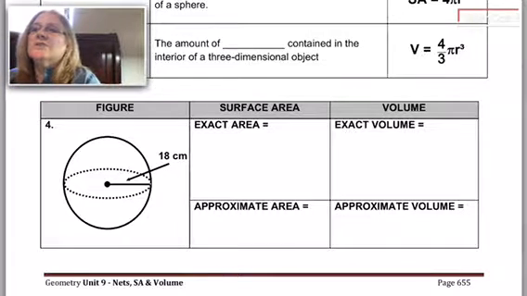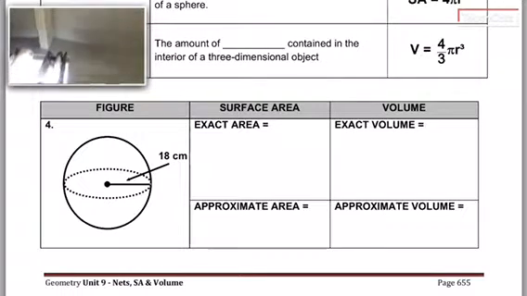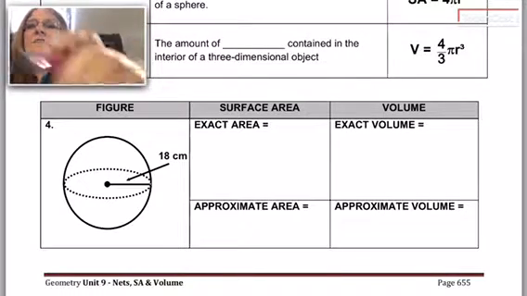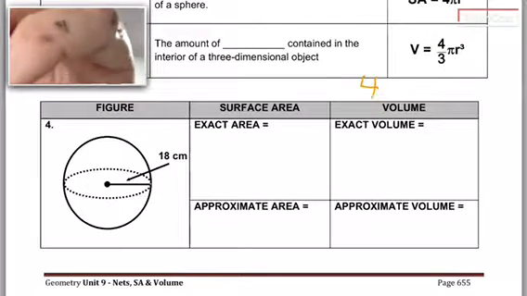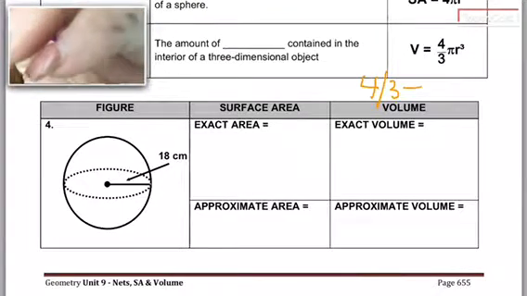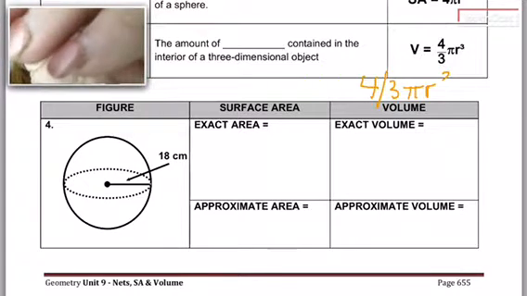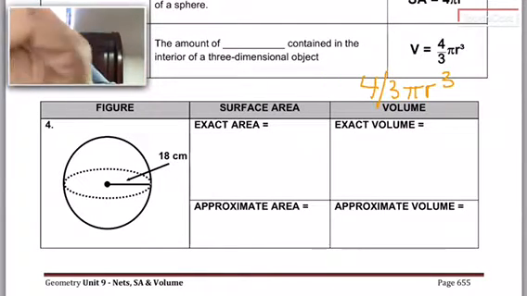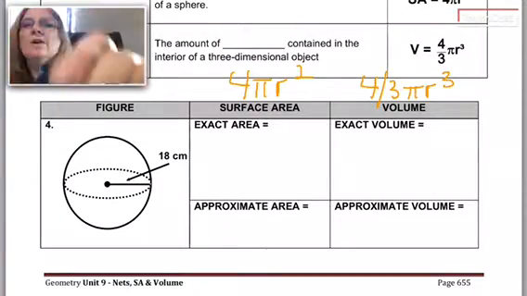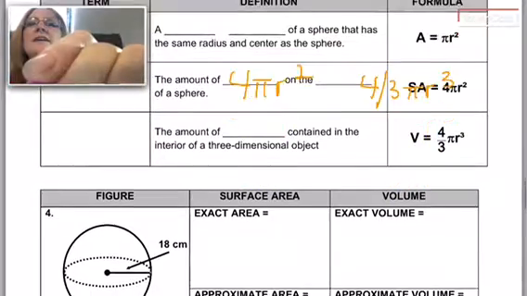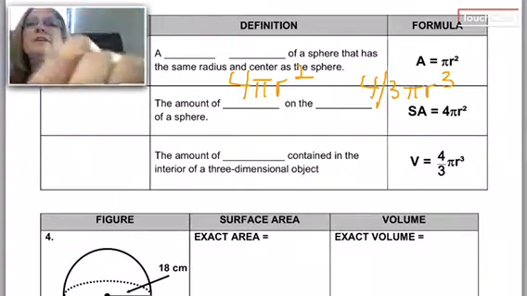Okay, so we're just going to start with a circle. So well, no, let me give them to you. I guess they did. I'm sorry, I am a little bit sick right now. So volume is 4/3 pi r cubed, and then this is 4 pi r squared. Okay, and so that's what's given to us right here.